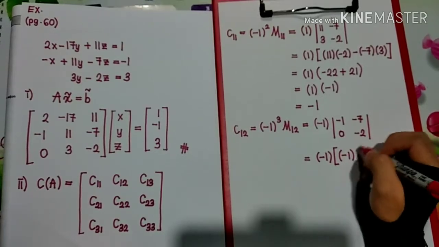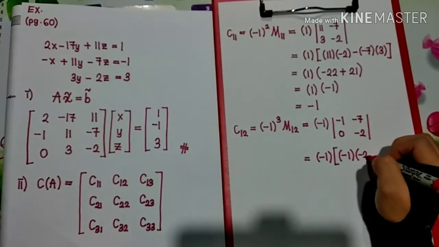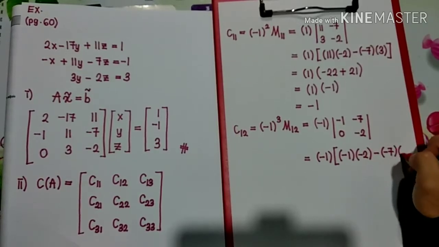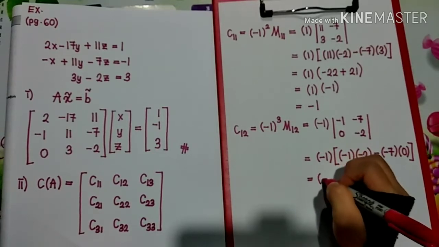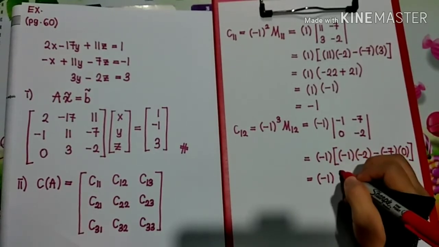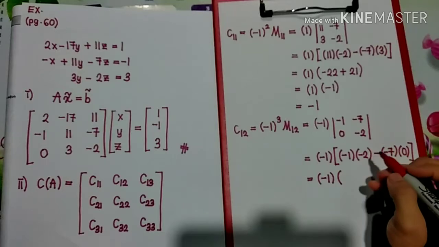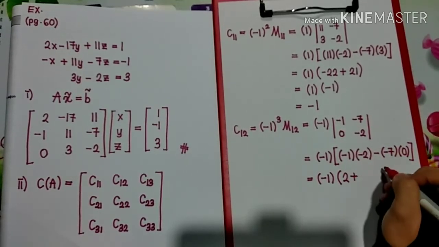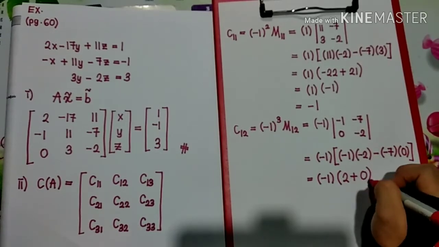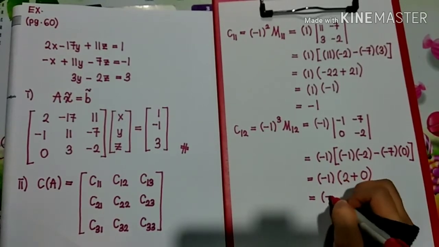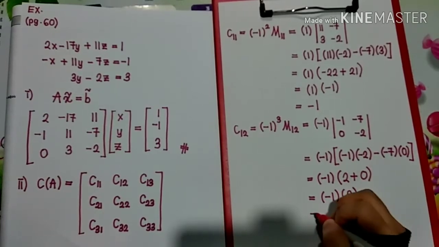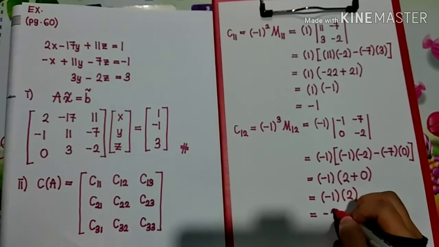Negative 1 multiplied by negative 2 minus negative 7 multiplied by 0. Negative 1 multiplied by negative 2 is 2, negative times negative is positive. 7 multiplied by 0, you will get 0. So 2 plus 0 is 2. So negative 1 multiplied by 2, you will get negative 2.